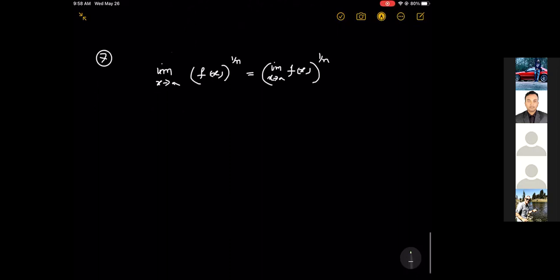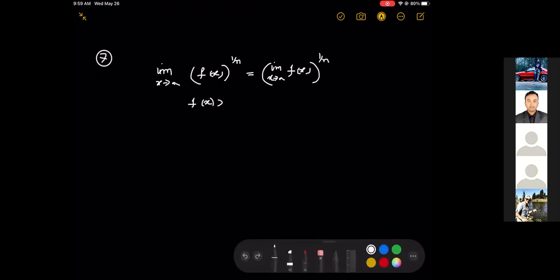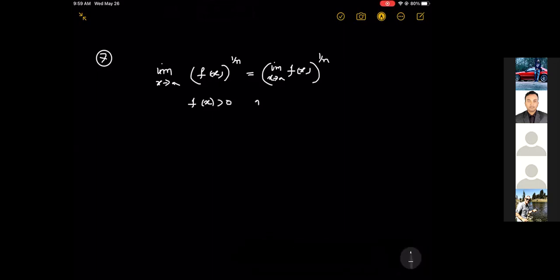Let me write the condition as well. It has to be positive near where x is near a when n is even. Okay, now we can subdivide it into two parts.